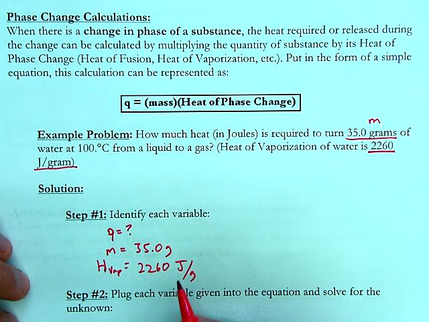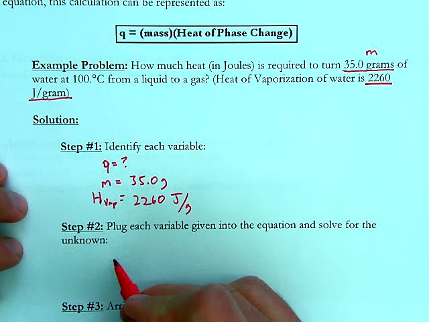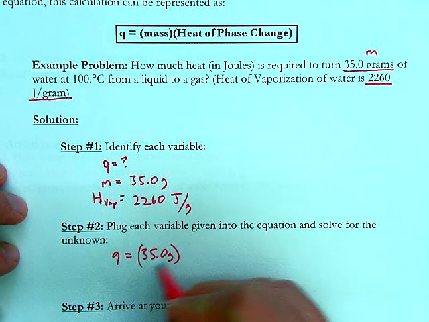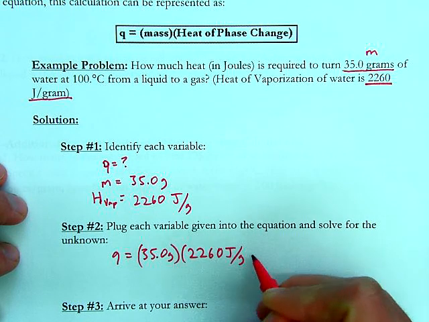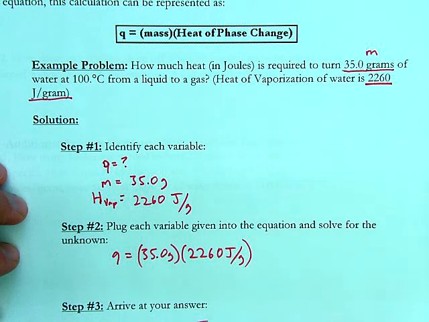So this is joules per gram, and we have 35 grams. So to do the math on this, it's pretty easy. Q equals 35 grams times 2,260 joules per gram. Okay, grams will cancel out, and you'll end up with your answer Q, which will be in joules.